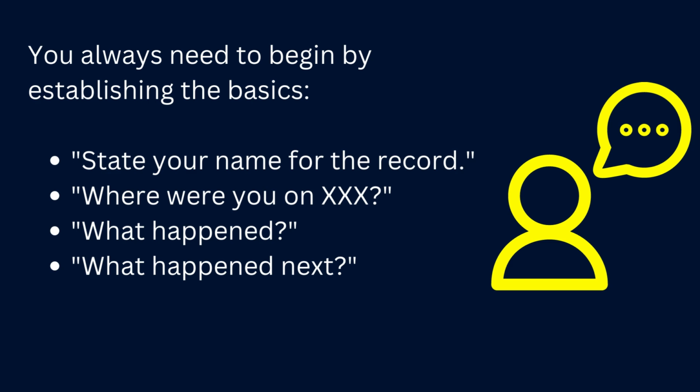Once you have established the beginning of the story, direct examination becomes very easy. It's normally a series of questions like, well, then what happened? Well, tell me what happened next. What did you do after that? What did you see? What did you hear?